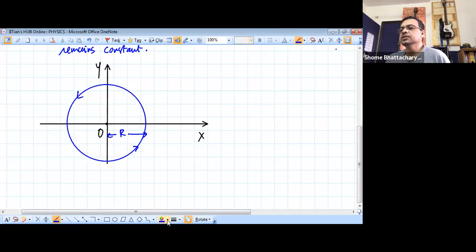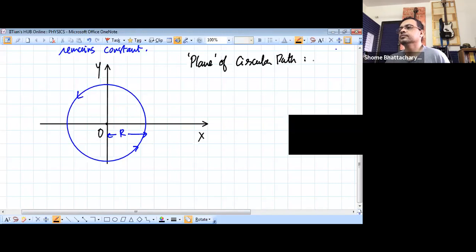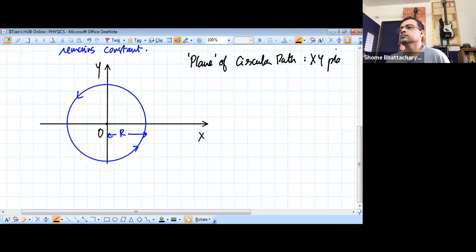So generally speaking, we take the plane of the circular path as the XY plane, and the center is at the origin.